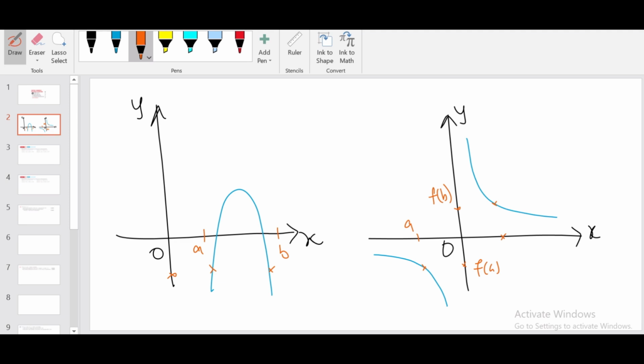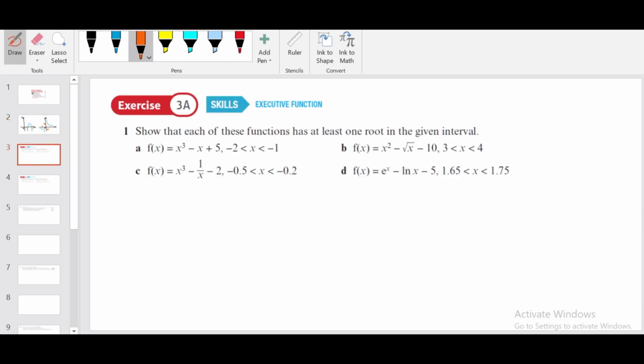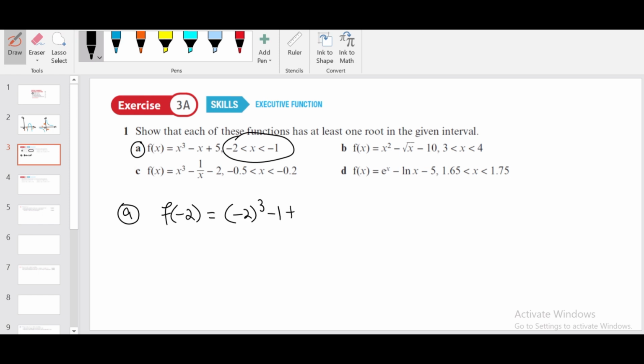So usually, what type of question will you get from this topic? I'm going to take a question from exercise 3a. Show that each of these functions has at least one root in the given interval. So this is how you need to solve it. If you get this question, for example a, you have the interval given, -2, -1, right? Find f of -2 first. (-2) cubed minus (-2) plus 5.